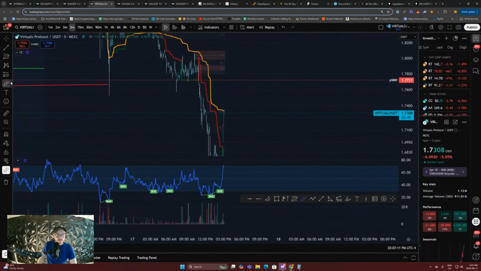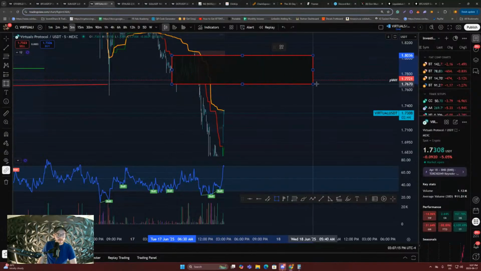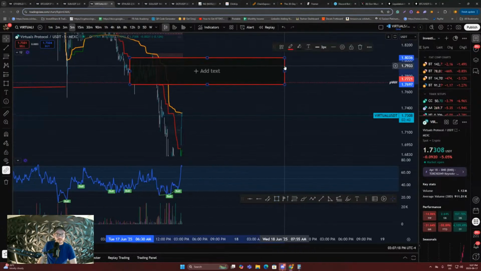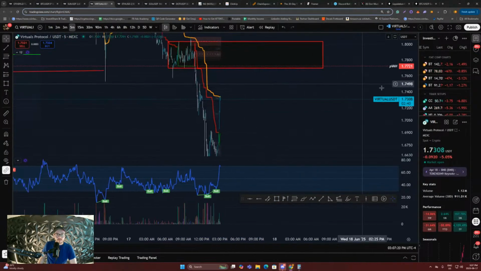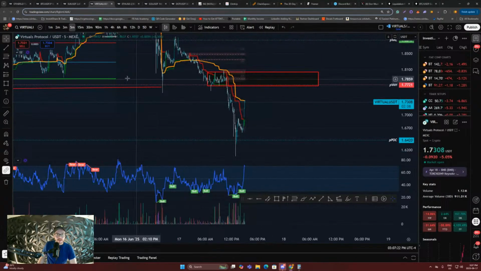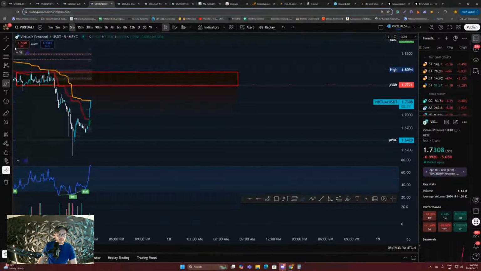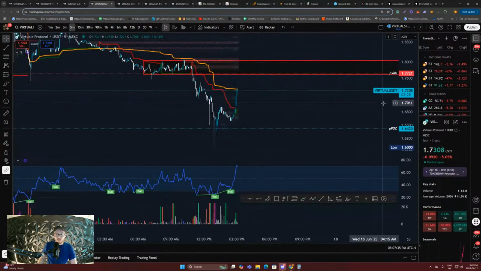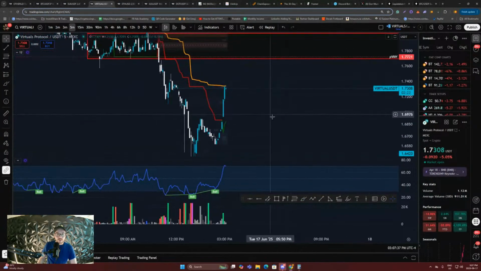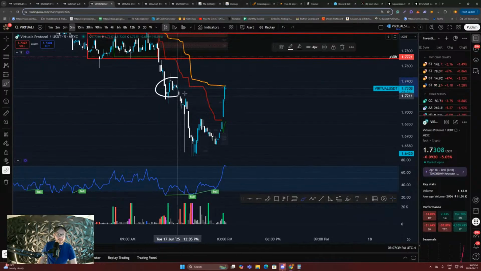Now we have a lot of stacked confluence for virtuals to not be able to break past this when we come back up. At least not the first time around. So we have a previous value area high, previous value area low, and 50-day EMA and supply concern right here. So if we come up, this would be a good key area of interest to prepare for a rejection. Right now, as it stands, we are currently at this little supply concern.